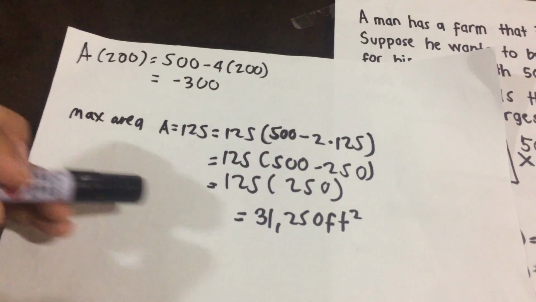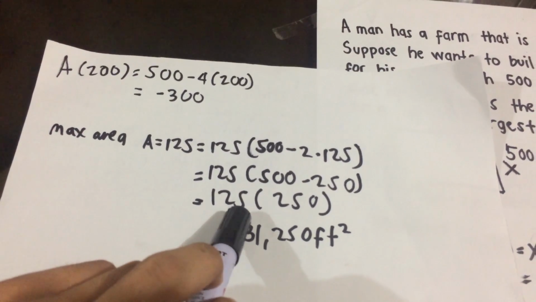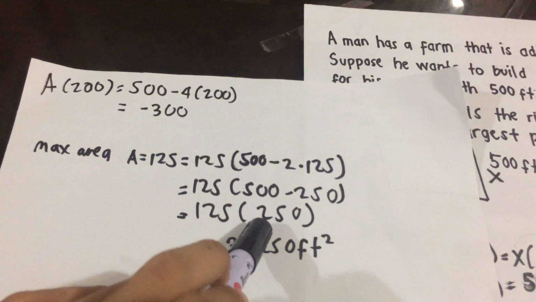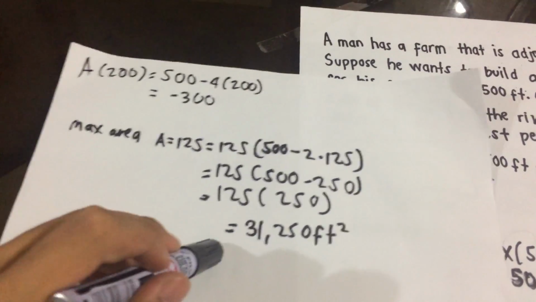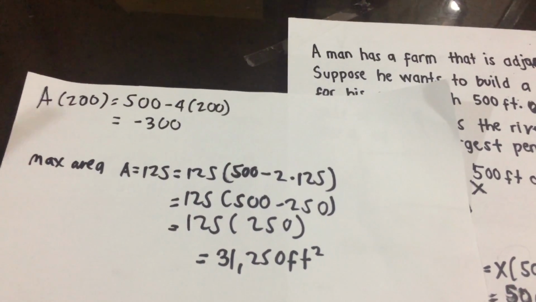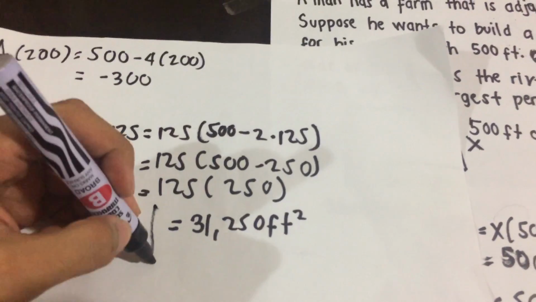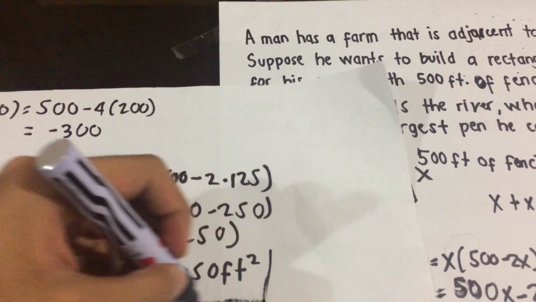So what I did here is I multiplied 125 by 250 and got the answer of 31,250 square feet.